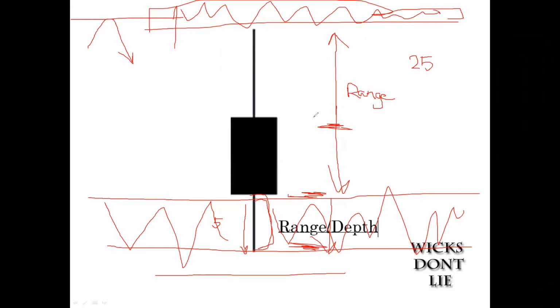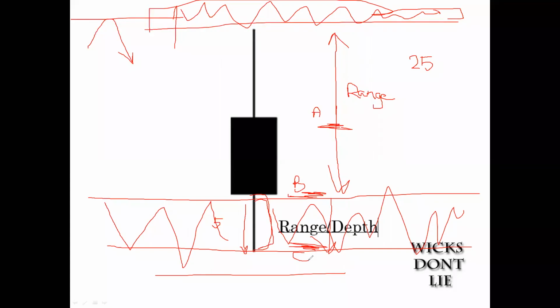Let's say this is A, this is B, and this is C, right? Typically, you would want to enter at C.